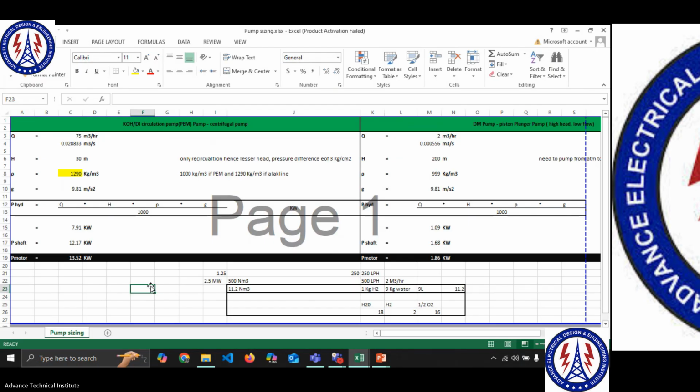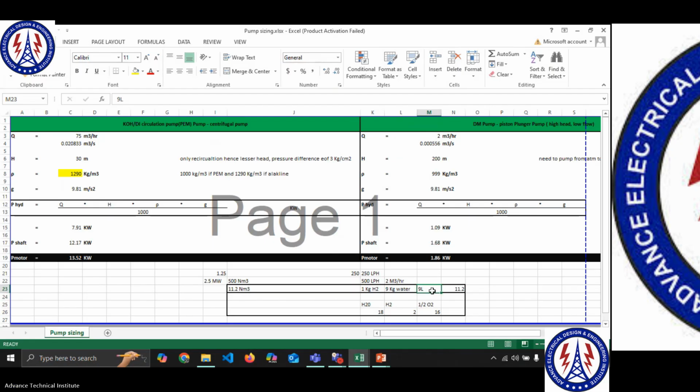So this is the water consumed. It will be broken down into hydrogen and oxygen. So where is the 9 kg of water gone now? Because we are saying it is equivalent to 9 kg of water. No, see, 1 liter of water is 1 kg of water.